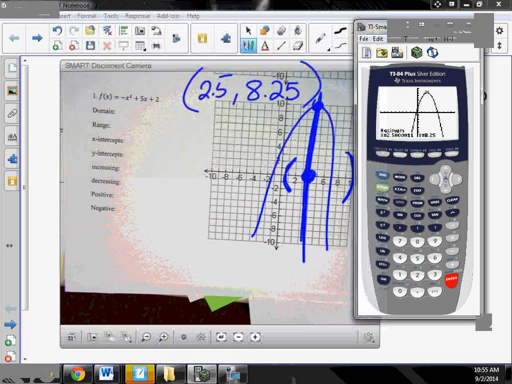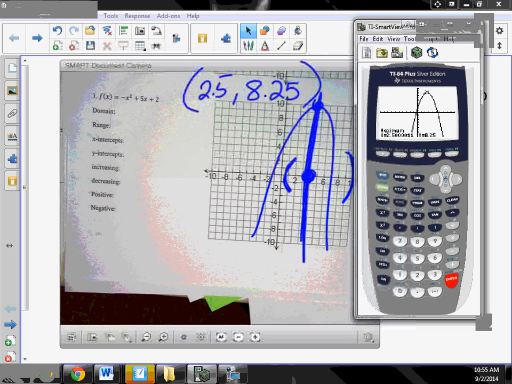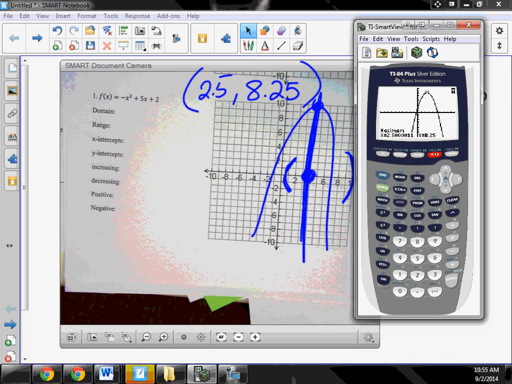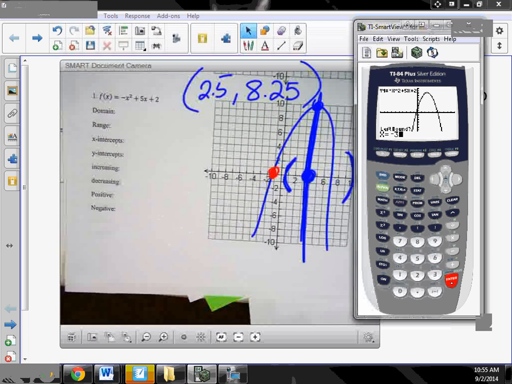Okay, let's find the x-intercepts and the y-intercepts. So second calc 0. If I want to find this root, what is a number to the left? -1 or -3 would work. -3.